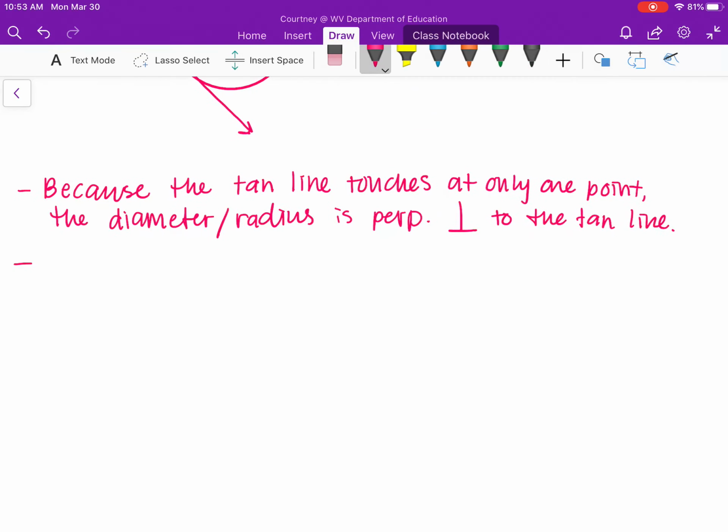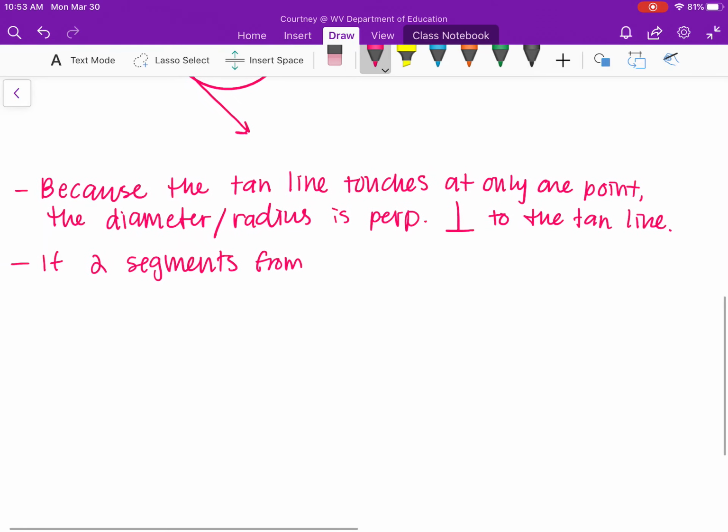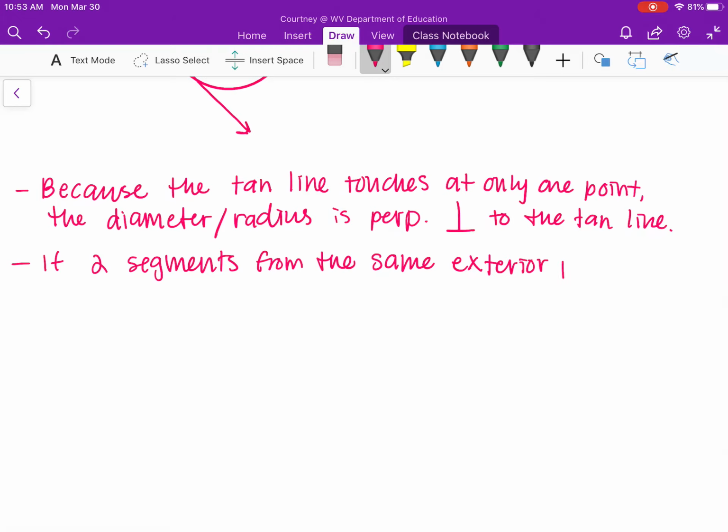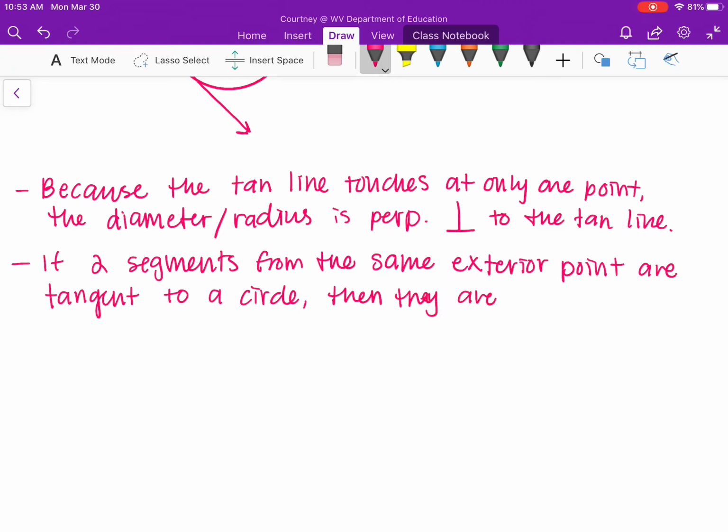And one more thing, and then we have a couple examples. If two segments from the same exterior point, it's going to be on the outside of the circle, are tangent to a circle, then they are congruent.